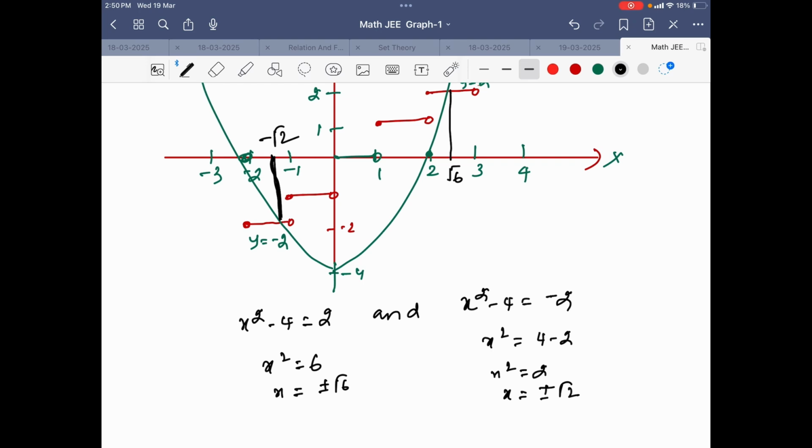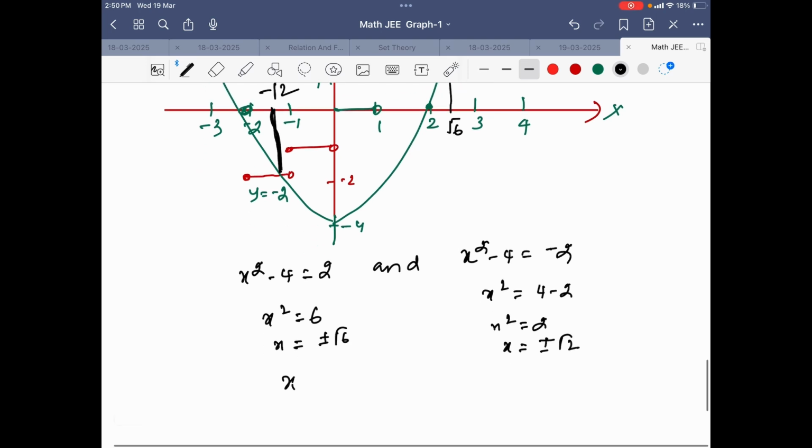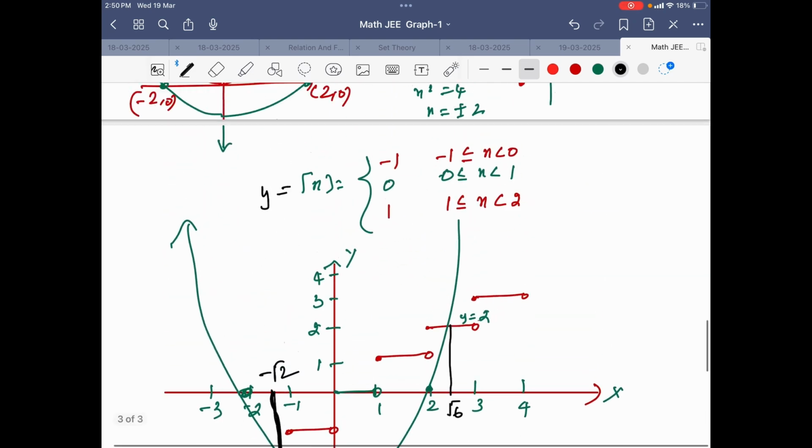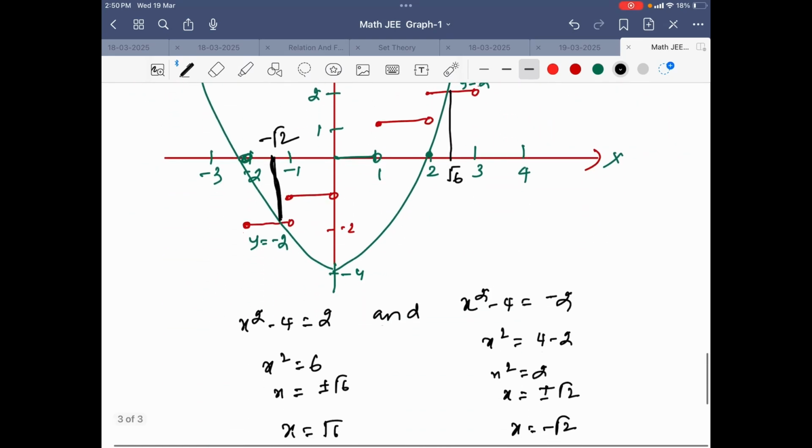So for the number of intersections, you should not take minus root 6. You have to take only the positive square root in the positive direction. So you can see the negative direction only at minus square root of 2. Got it? Therefore the number of solutions of this equation will be 2.